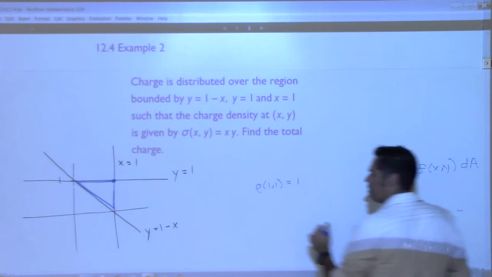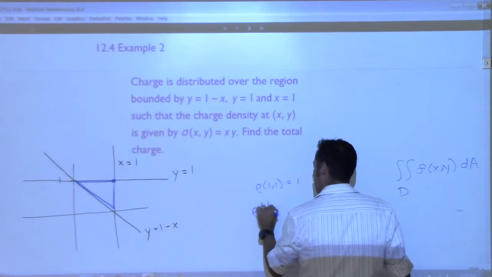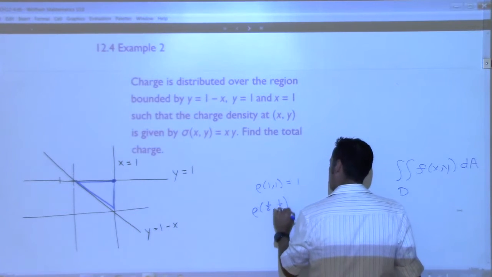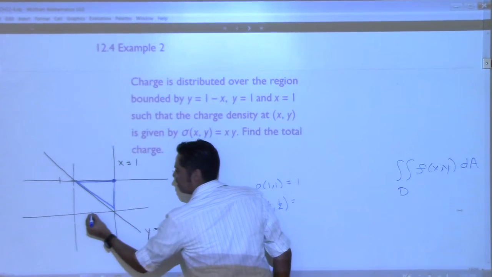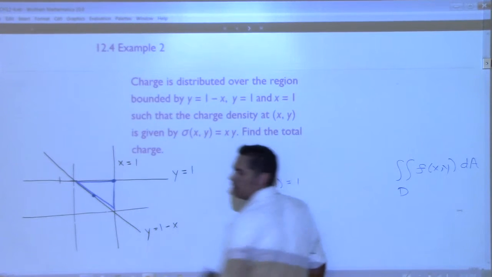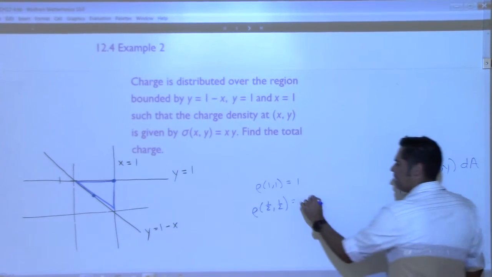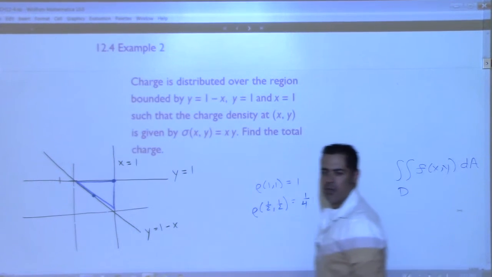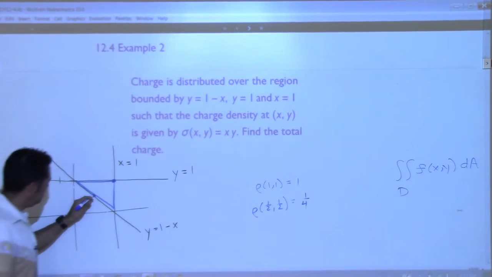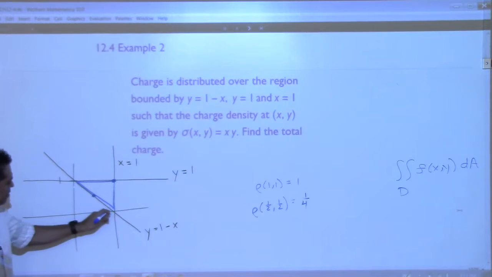Now, let's go to another point in here. How about 1/2, 1/2? That point is right here, right? What's the density there? 1/4. It's not as dense, right? And then I could do this one, but this isn't going to make sense actually.